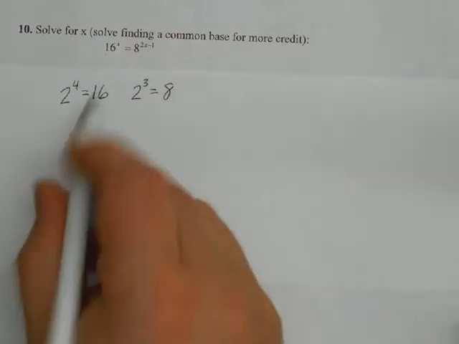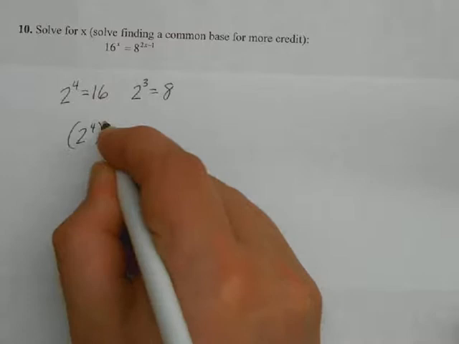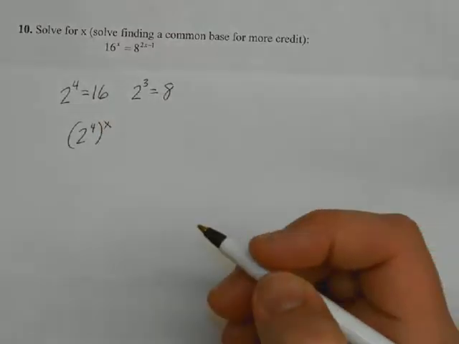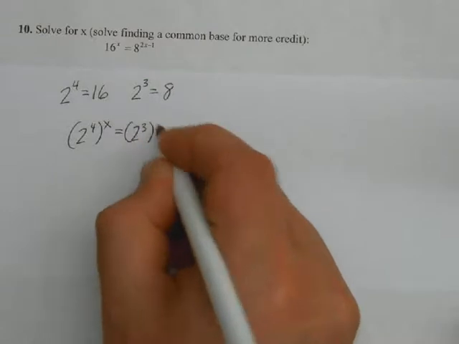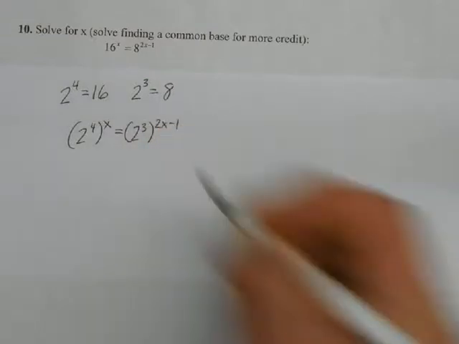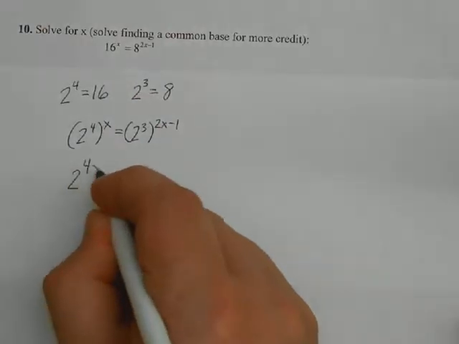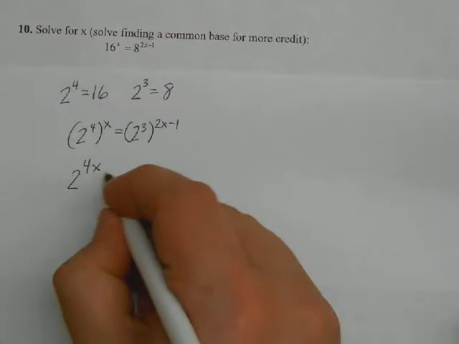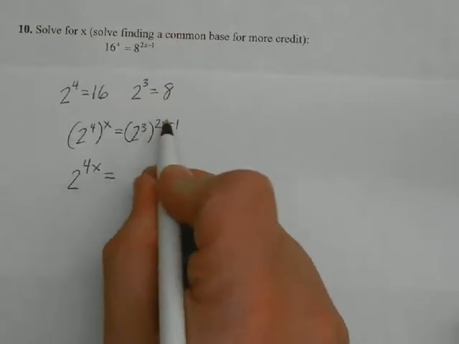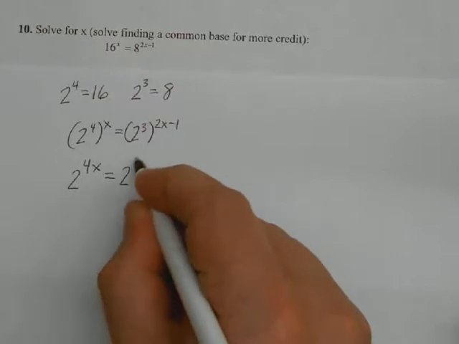So I can rewrite the left side as 2 to the fourth to the x power equals 2 to the third to the 2x minus 1 power. I get 2 to the 4x on the left side, and then I'm going to need to use the distributive property here. I get 2 to the 6x minus 3.